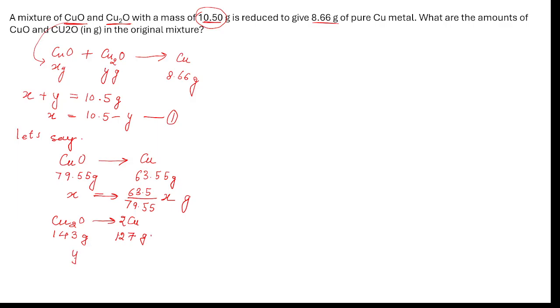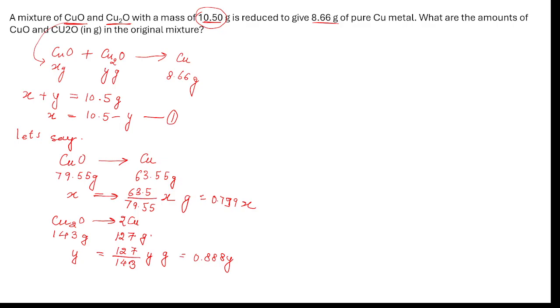Similarly, you can find out the value for Y is 127 divided by 143 times Y gram, and if you further solve it, it is going to be 0.799x, and this is going to be 0.888y.